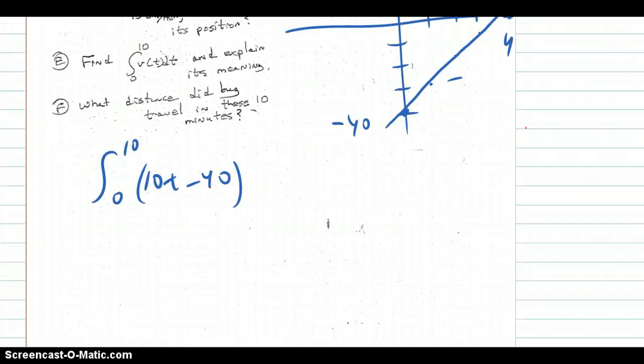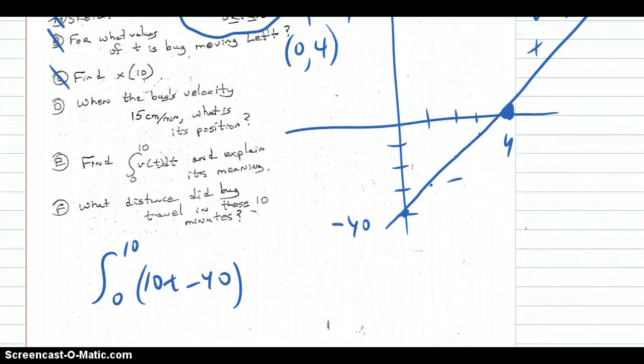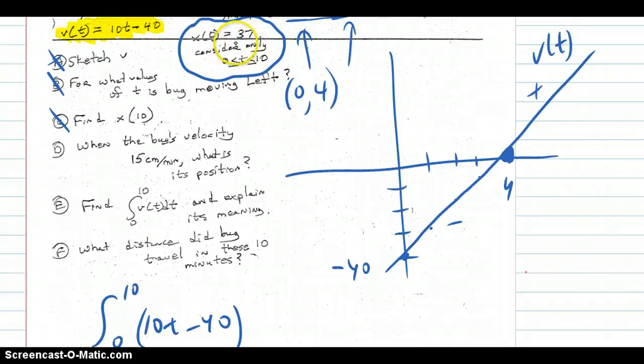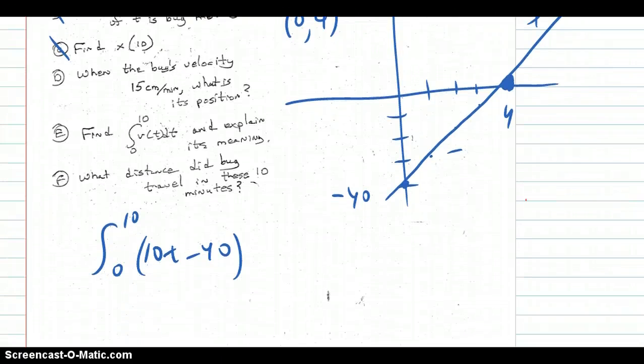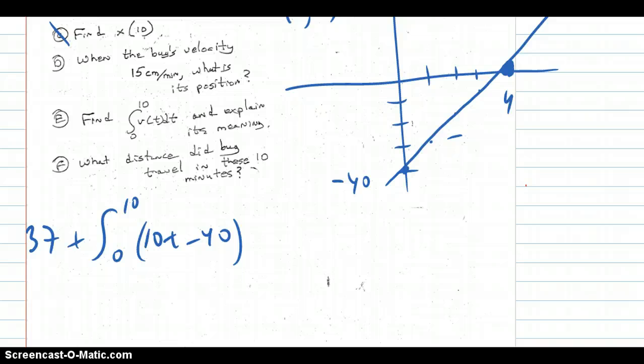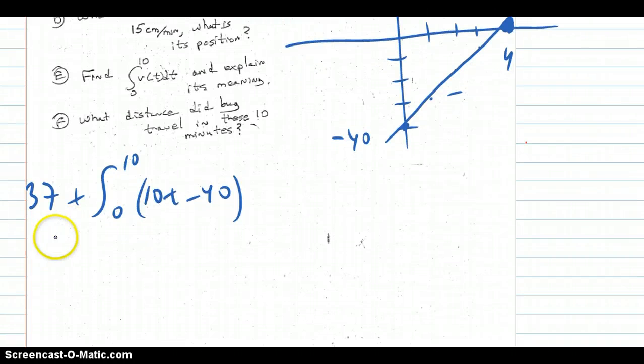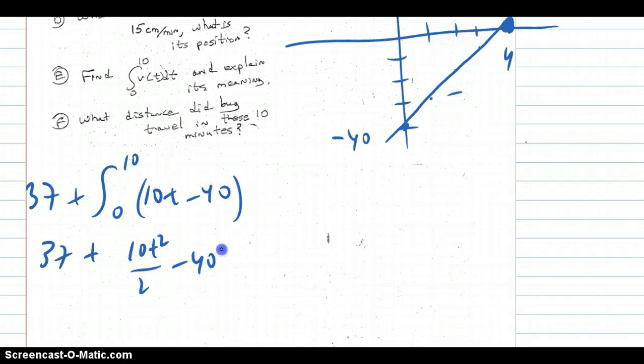Somewhere here it told us where we started. We started at 37, and so this is important. You have to do 37 plus the change from 0 to 10. We can do that in our calculator or by hand. 37 plus 10t squared over 2 minus 40t, and we're going to evaluate from 0 to 10.